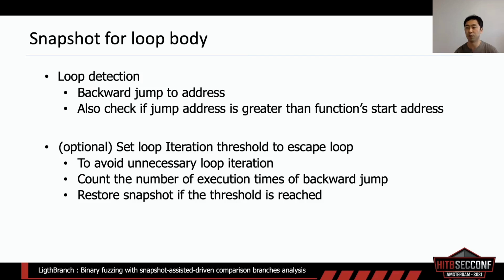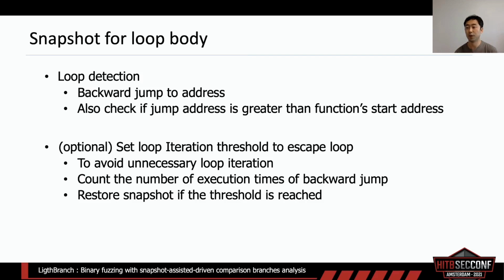Lightbranch detects loops by monitoring the jump address. If the jump address is a backward jump, it's a loop. We also check if the jump address is greater than the function's start address. Once we have extracted all the input values in the loop body, we don't need to analyze the loop anymore.